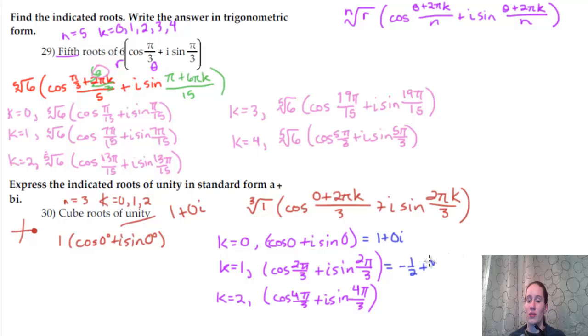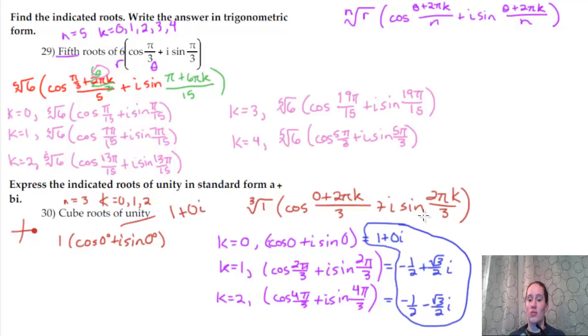Sine of 2 pi over 3 is square root of 3 over 2. And cosine of 4 pi over 3 is negative 1/2. I sine 4 pi over 3 is negative square root of 3 over 2 i. So that right there is our answers to that.